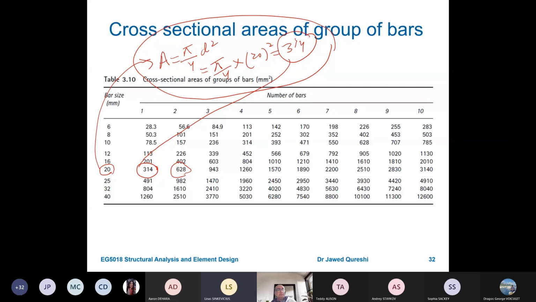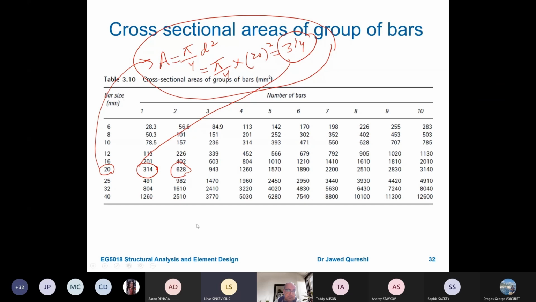Yes, we normally use these 32 and 40 in bridges where heavy reinforcement is required. But the local availability should always be checked for these 32 and 40, and for number 6 as well. Number 6 isn't very common.